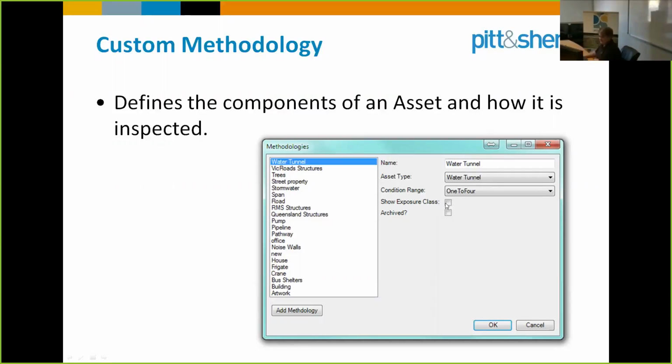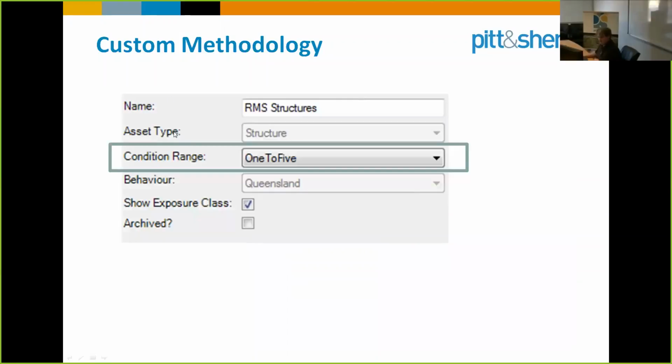So that's a feature you can essentially turn on or off for a given methodology if you want to. And there we're seeing the condition range of 1 to 4, and now you're showing an example where you've toggled to a 1 to 5 rating system. Yep, so that's basically another option that you have there. And we've ticked on the exposure class on this example as well.